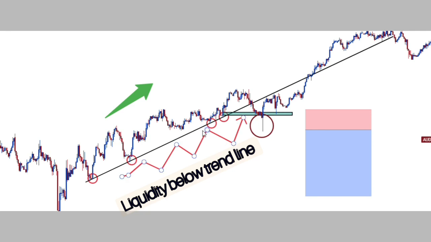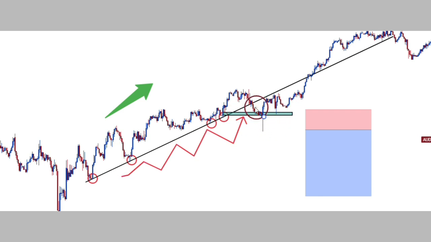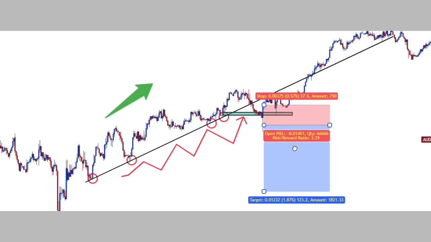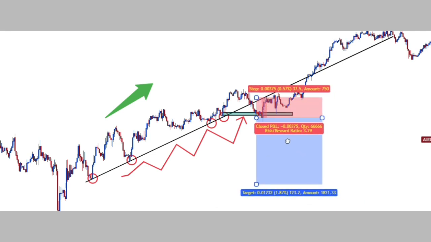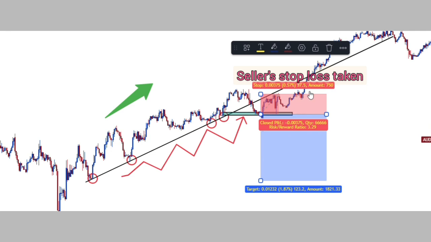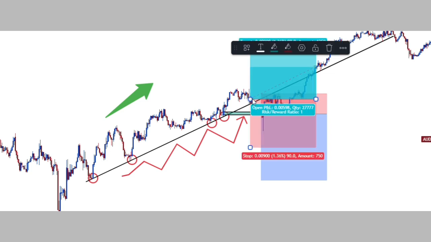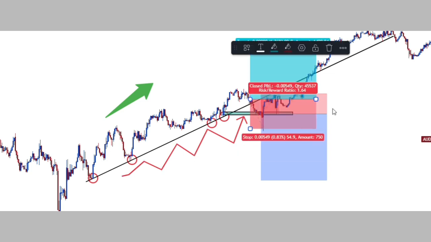This spike is to take out the stop losses of people who bought at this place. So imagine this takes out the seller, for those who sold, when it returns, and also takes out the one who bought around here.